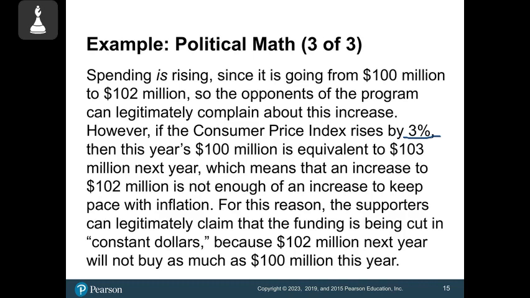So if we have 100 million right now, that means we would need 103 million next year. So they're going to claim that this is not enough to be able to support what we're currently supporting based on the way inflation is occurring. So even though both will end up being unhappy about the situation, they're unhappy for different reasons.